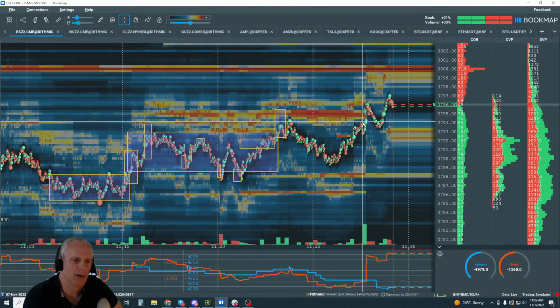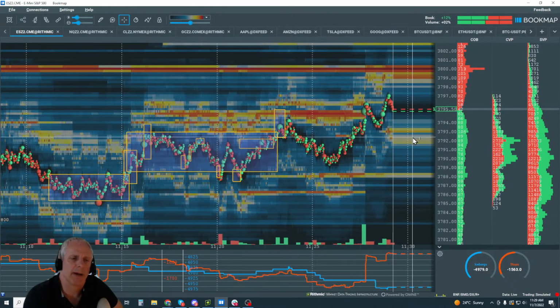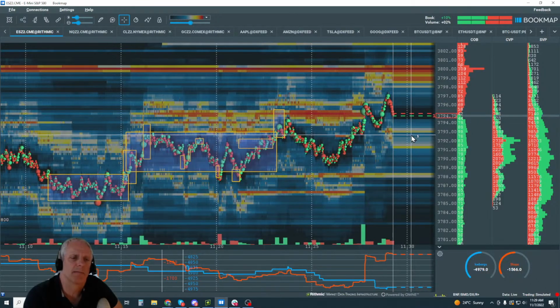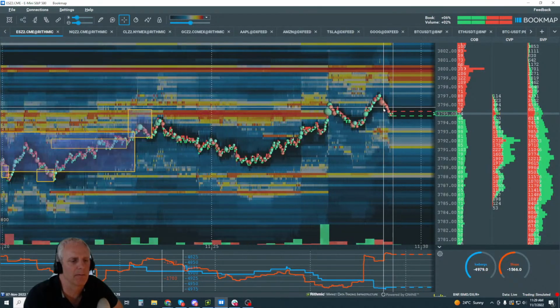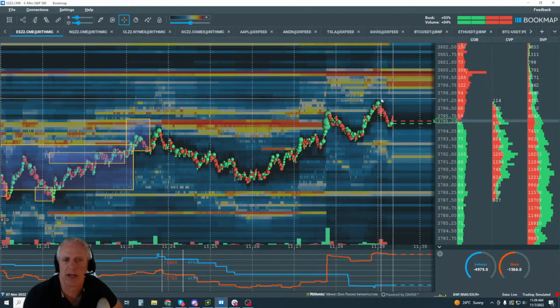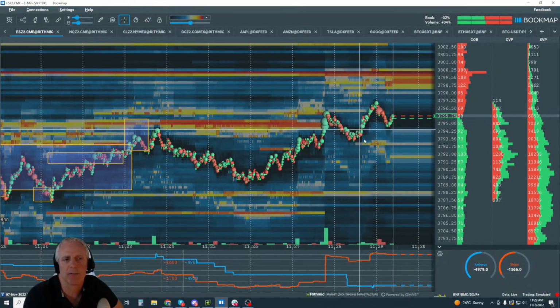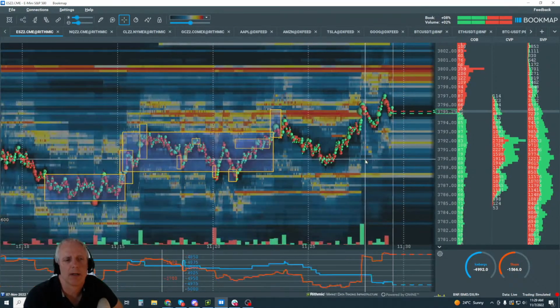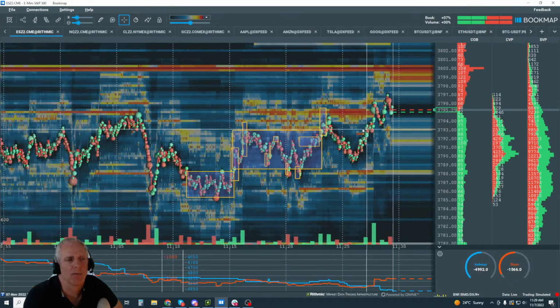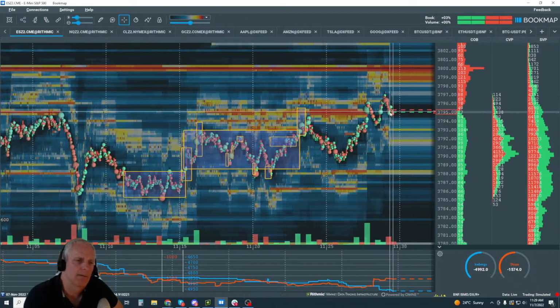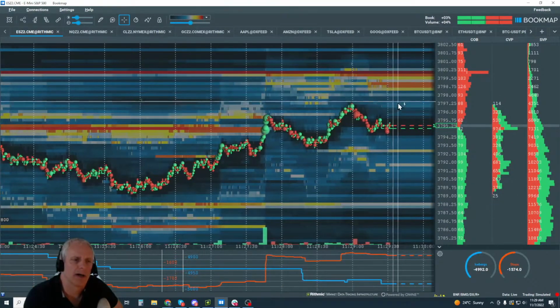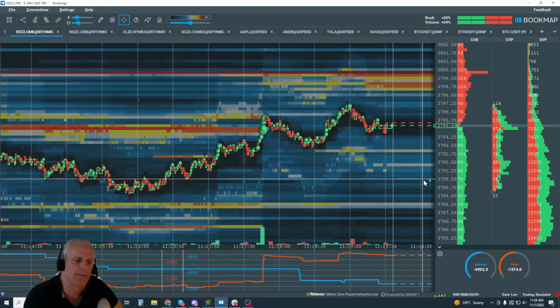Compared to it failing and coming back into the range in here, and not supporting it on the bid, etc. So different reasons due to the order flow why this may be a failed breakout and then come back in. We look for a lot on the offer in here, and I don't really see it yet.